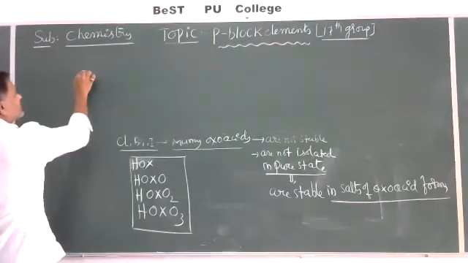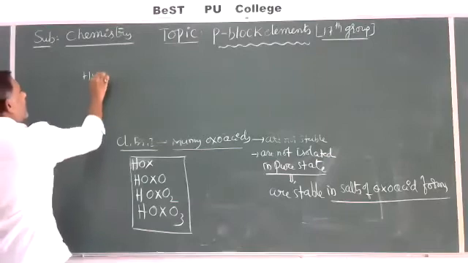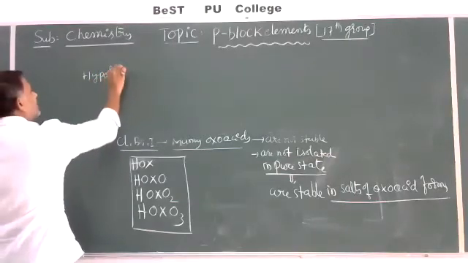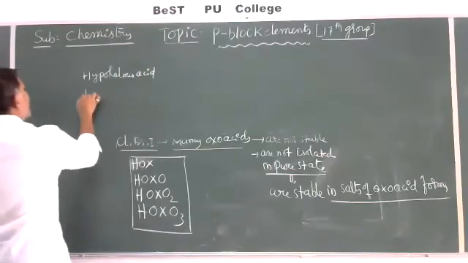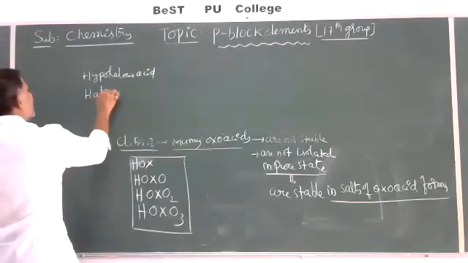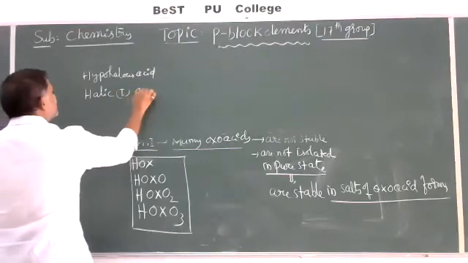Okay, the first one is hypohalous acid, also called halic 1 acid.